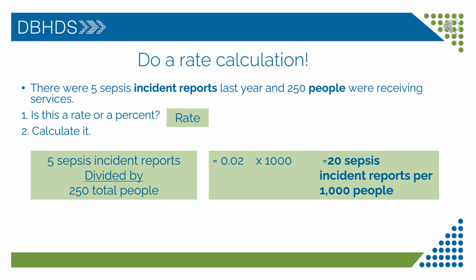If you divide 5 sepsis incident reports by 250 people, this has to be a rate because the numerator does not have a chance to be in the denominator, because reports are not people. So this is a rate. You divide 5 by 250, you get 0.02. And if you want it to be per 1,000 people, you multiply it times 1,000. And you have 20 reports per 1,000 people.